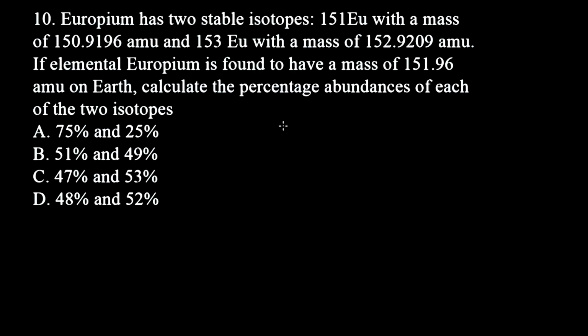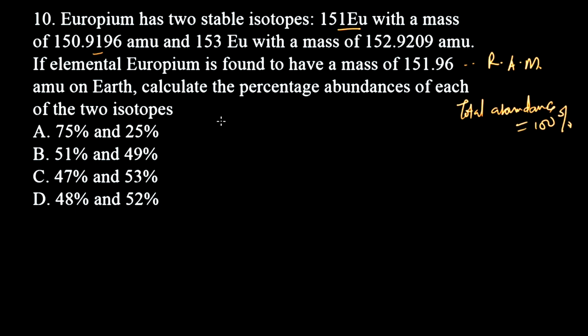Alright, so looking at this question, europium has two stable isotopes. So we have this isotope with a mass of this and this isotope with a mass of this. So if the elemental europium is found to have a mass of this, so this is the relative atomic mass, calculate the abundances. So total abundance is what? Is 100%, right?